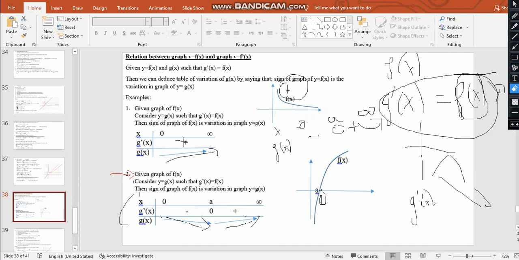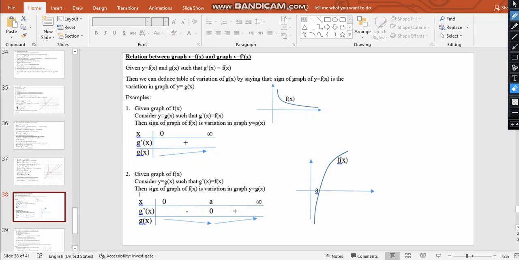In many problems in official exams, you have this situation where you have the graph of f of x, then another graph g of x, where g prime of x is f of x. All you need to do is make the table of sign of f of x.